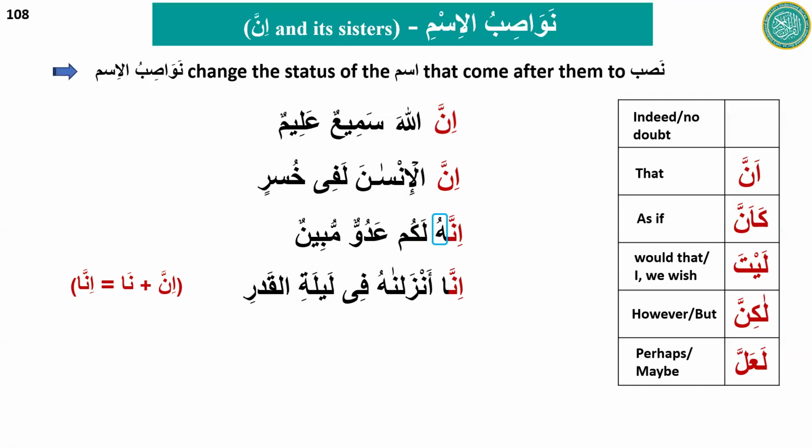Go ahead, Saad. Is it the additional na to the inna? Yeah, this is an attached pronoun. Is it not? Yes, it is. It is attached pronoun attached to inna. So that is why it is in nasab status. Okay, thank you, Saad.